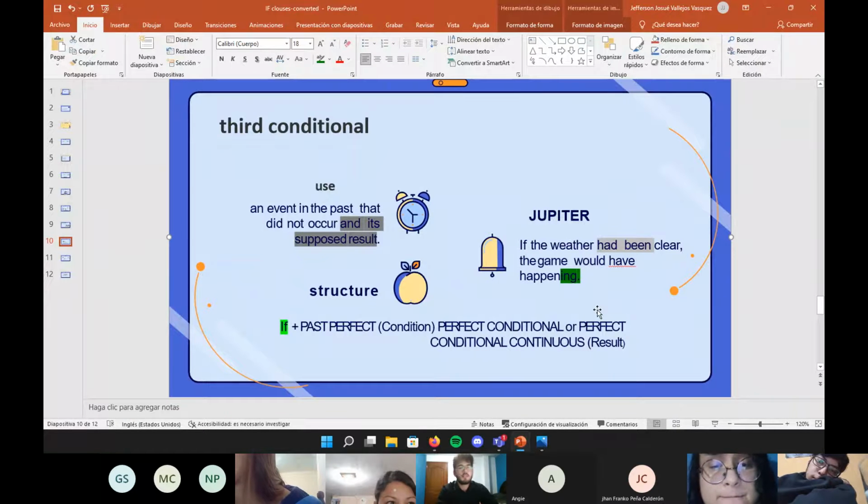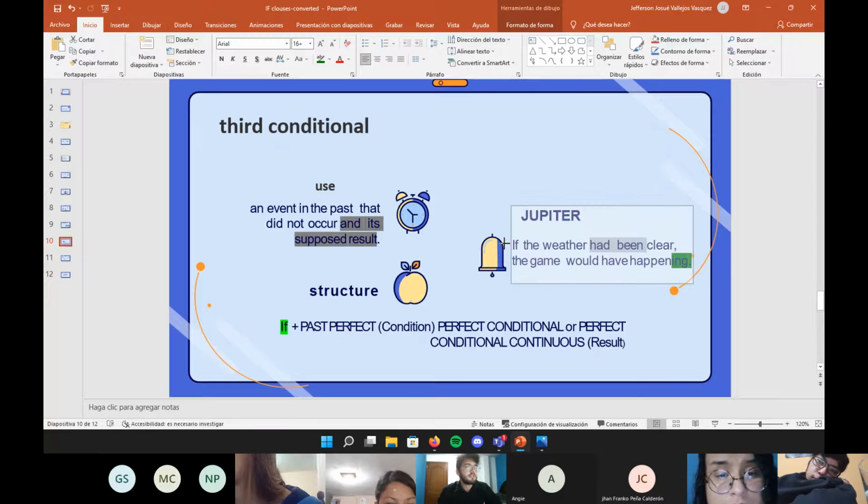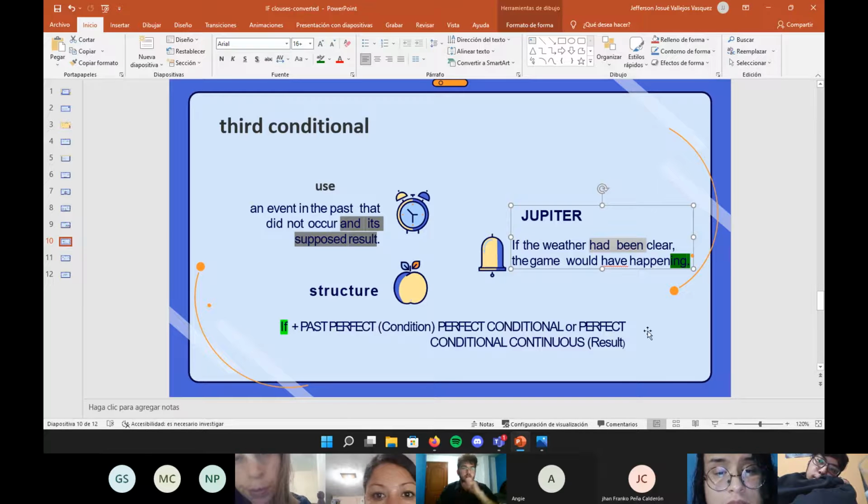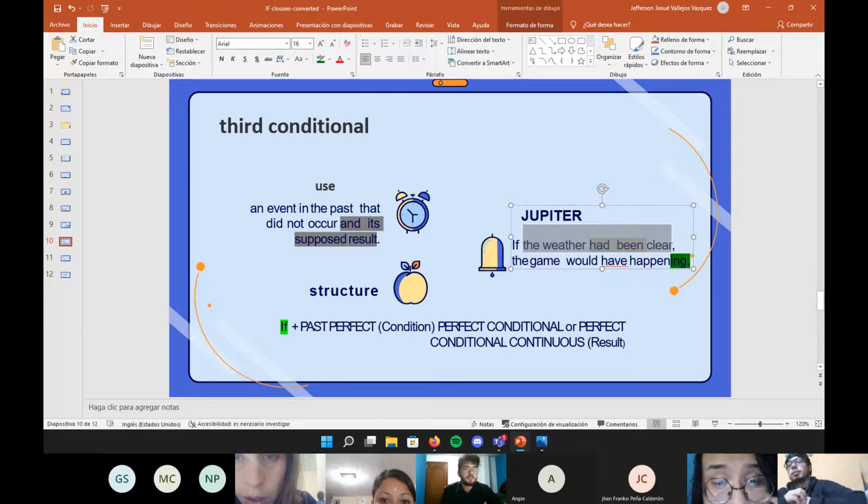Any of you have the translation of this sentence in Spanish to understand it better? How can we say that? If the weather had been clear, how can we say that in Spanish to understand a little bit better?